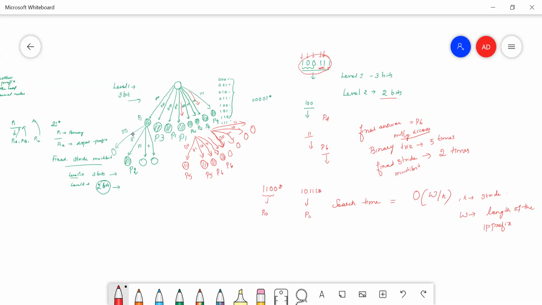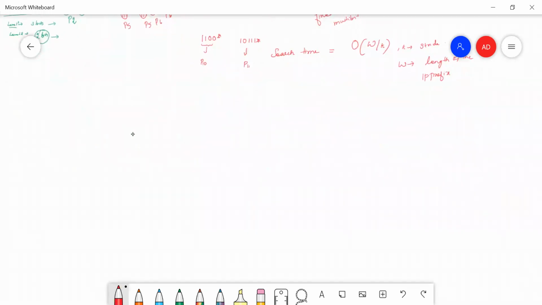Next is about the implementation. You can implement this kind of fixed stride multi-bit trie, and at each entry, as we have learned earlier, there will be 2 pieces of information in every node.